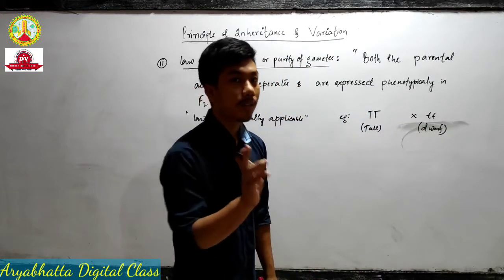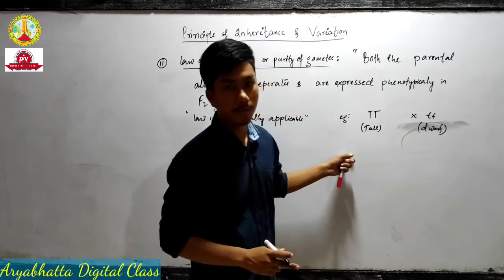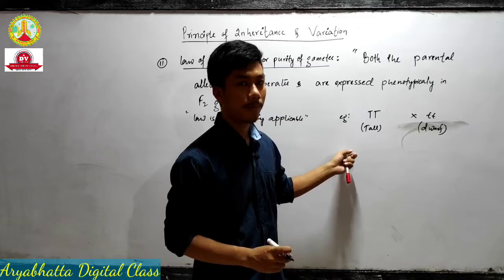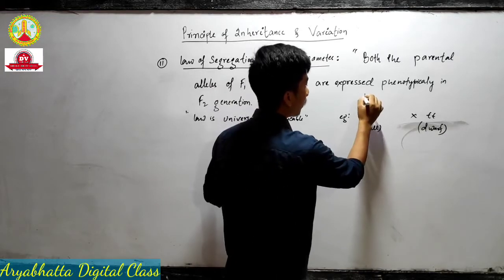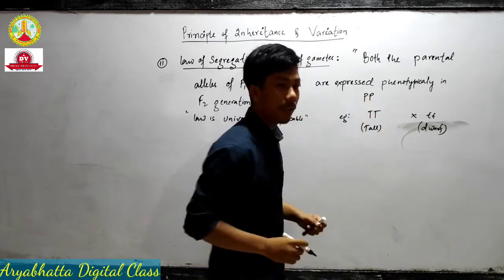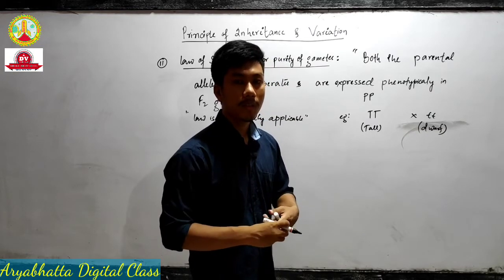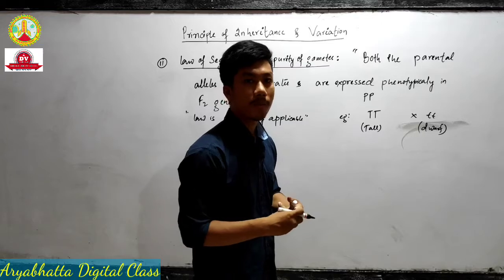Now if you take the flower color, our dominant flower color is purple, right? Purple is our dominant color, so we take capital P. What is the recessive flower color? Purple is dominant, recessive is white.